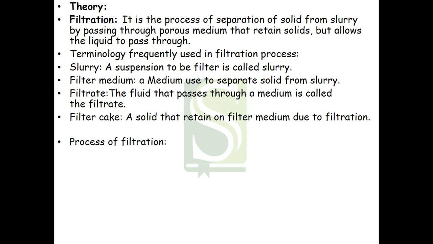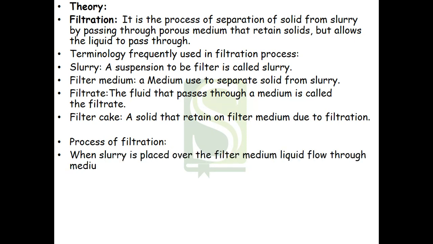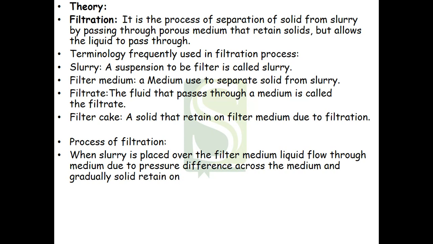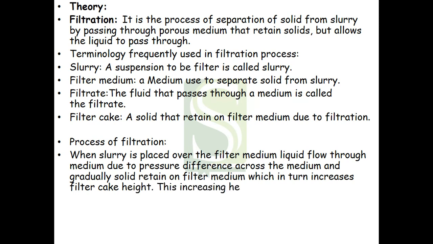So the process of filtration is as follows. When you pass the slurry over the filter medium, the liquid present inside the slurry will flow through the filter medium due to the pressure difference across the medium, and gradually the solid gets retained on the filter medium, which in turn increases the height of the filter cake.